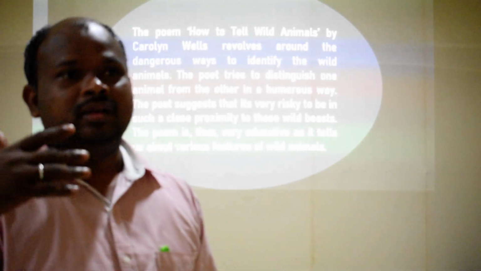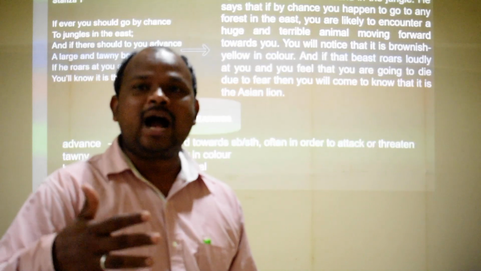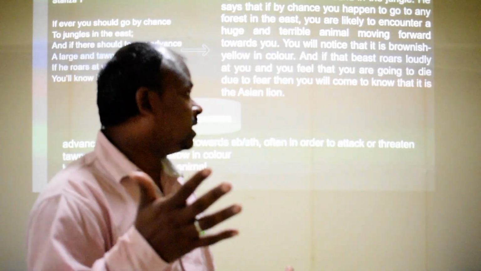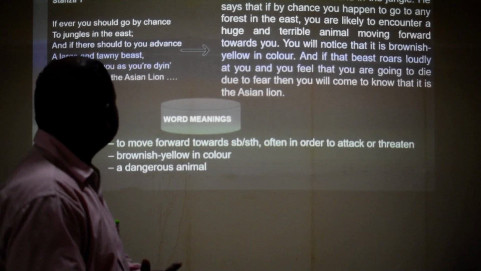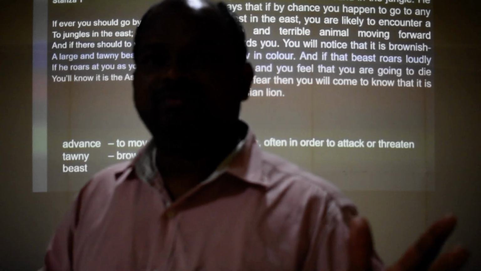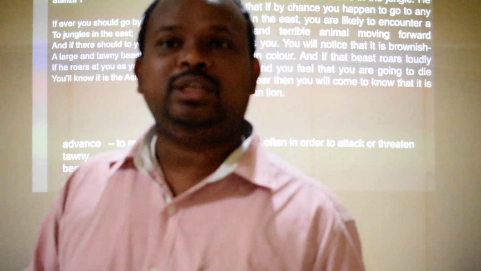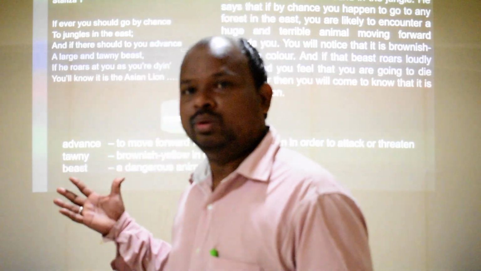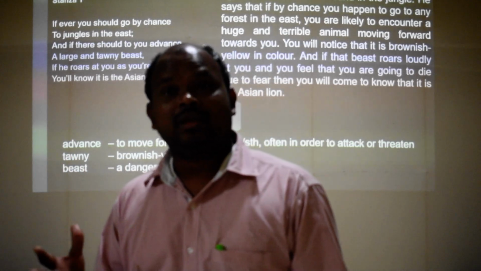Now we go to the next slide and see how each stanza describes. In the first stanza, we talk about if you should go by chance to the jungles in the east. It's talking about the eastern forest and how dangerous it is to go there.